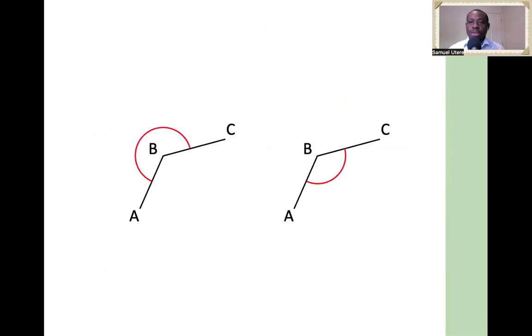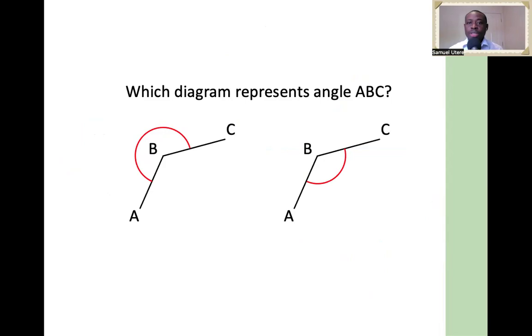What about when we talk about obtuse, acute, and reflex angles? Well, if we say which diagram represents angle ABC, which one would you say represents angle ABC? Well, both. Both refer to angle ABC.